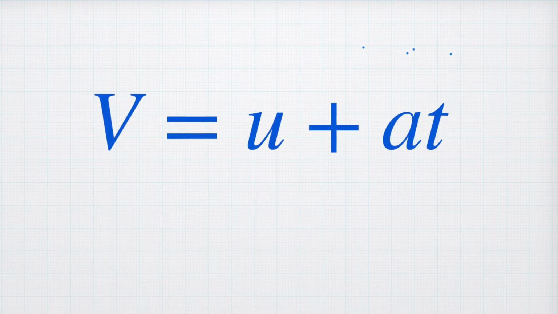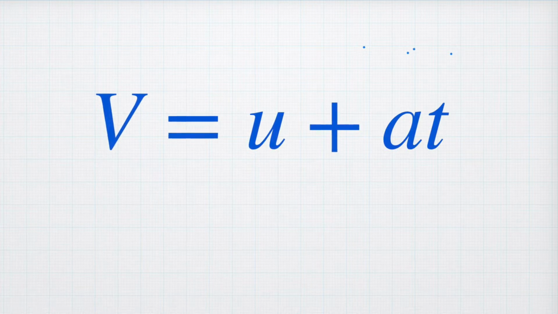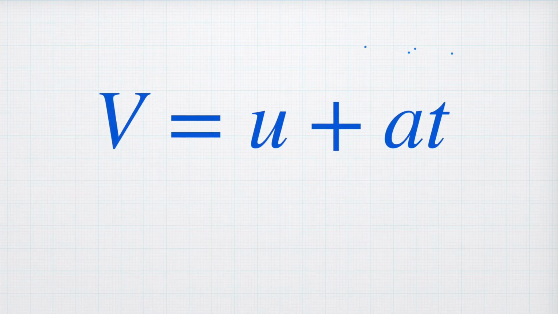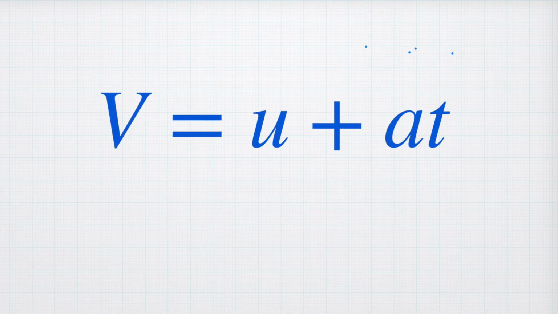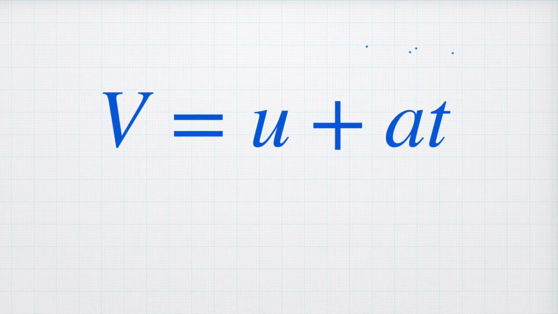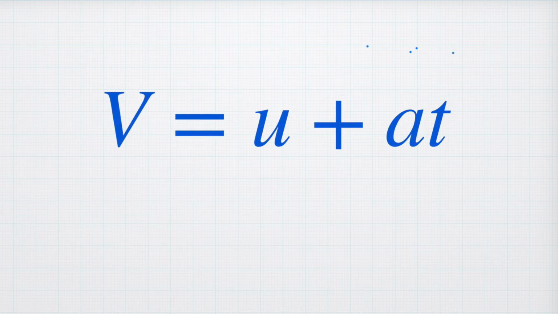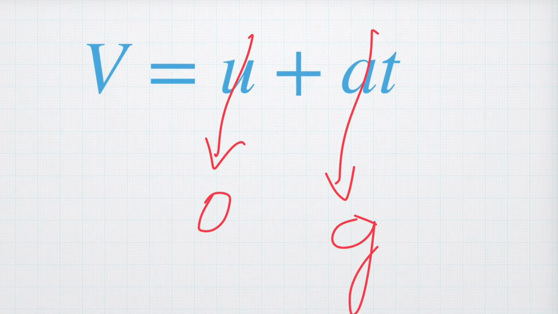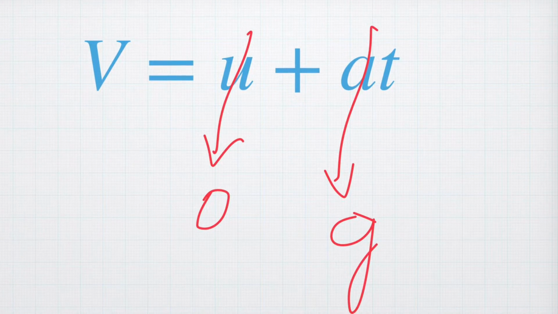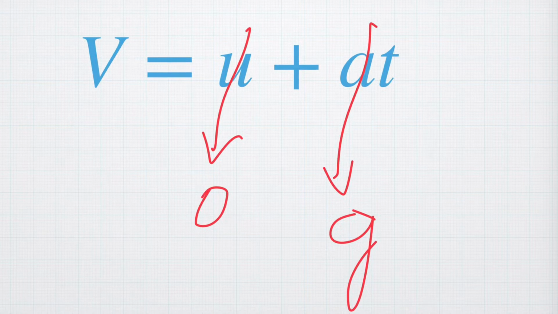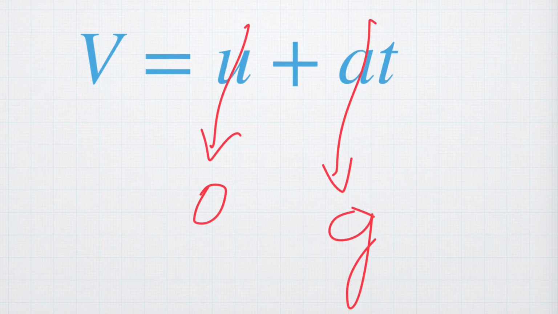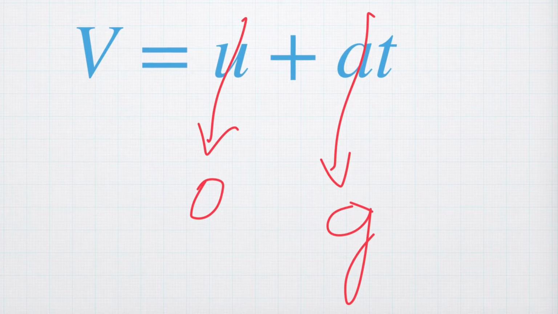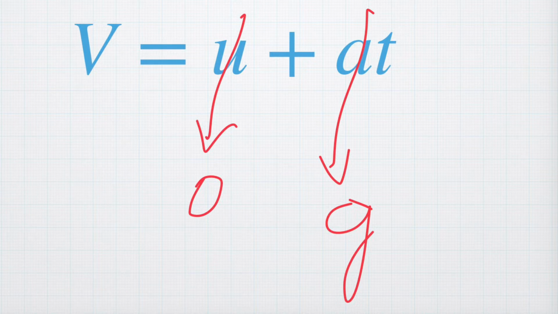As we all know, U is the initial velocity, here it is 0, and A is the acceleration, here it is equal to g, and that means we can finally write it as V equals gt. And of course it is downwards. This is the velocity of the center of gravity of the spring.